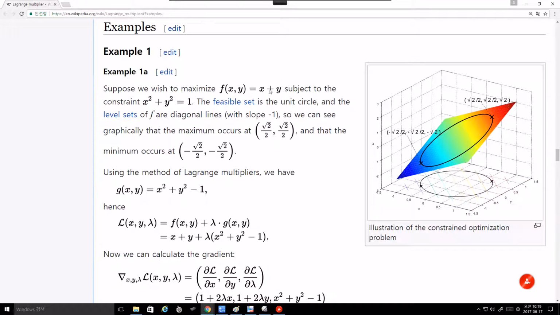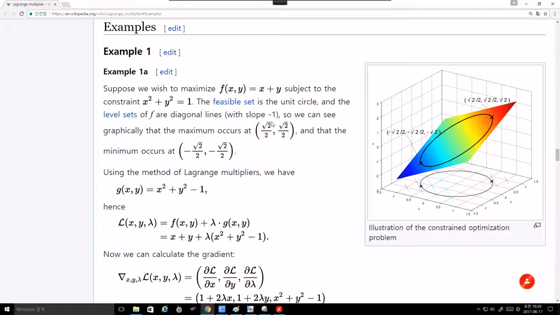So basically, the maximum is undefined. But now we have this constraint of a circle, right? So basically, we want to find this point. Likewise, because this is the slope in this direction, the minimum would happen somewhere over here, right? So the feasible set is the circle, and the level sets of f are diagonal lines with slope minus 1. So we can see graphically that the maximum occurs at this one and the minimum occurs at this one.